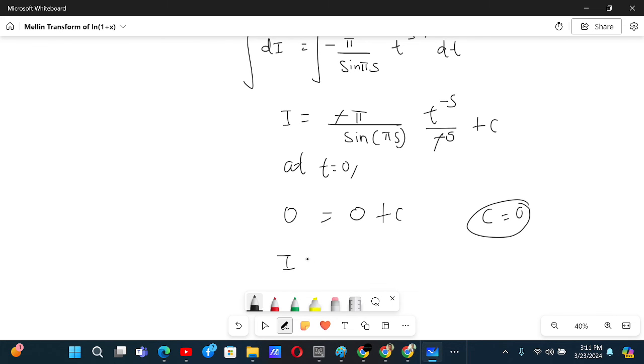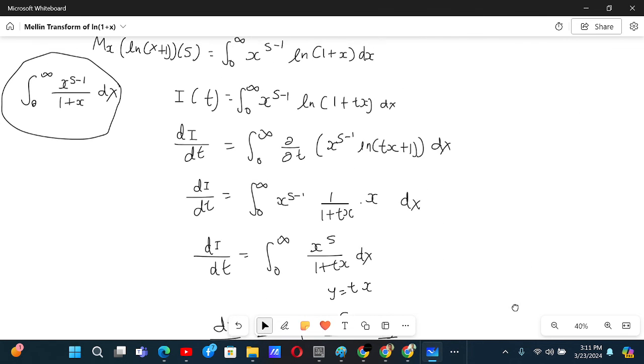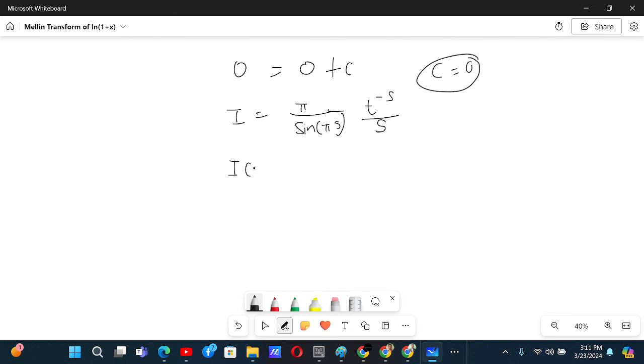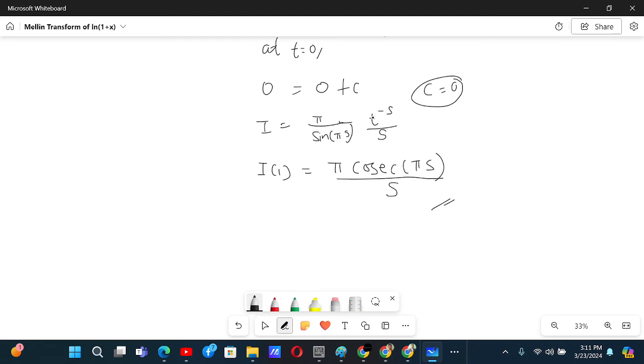We get I equals pi by sine pi s times t to the power minus s by s. Our answer is actually at t equals 1. So let us find I of 1, and we have pi cosec pi s by s, and that is the answer, because t is 1 and that factor is just 1.